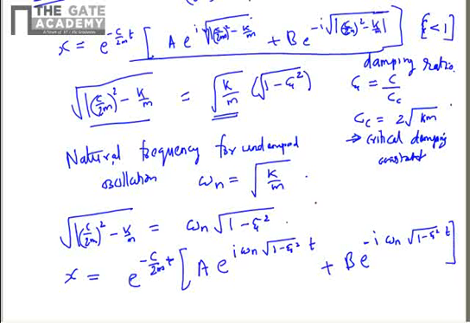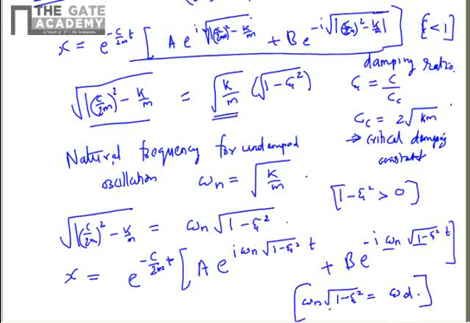Now 1 minus ζ square is a positive value. So this will be some positive constant. For simplicity, we will not use k because that is stiffness; let's say we use omega d. There is also a significance associated with this relation, omega n square root of 1 minus ζ square equal to omega d, that I will explain now.